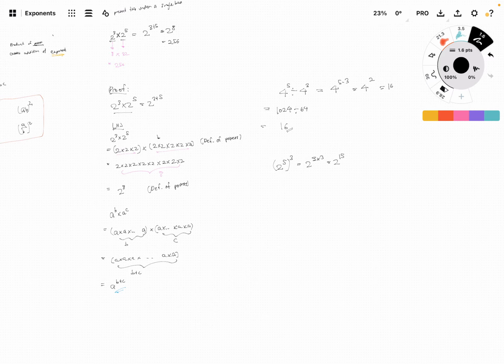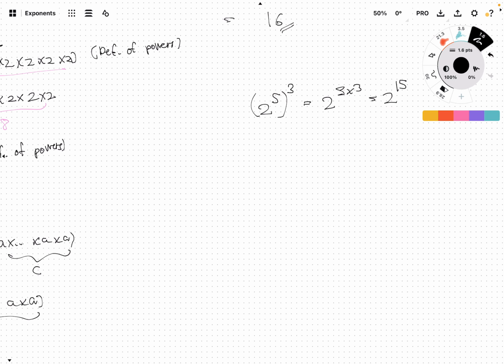Before that, let's actually get to a good practice question. The question is to express as a power of 2. Particular, let's have 2 to the 5 to the 6 divided by 2 to the 26.